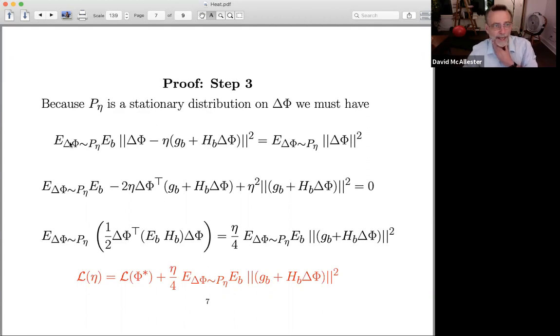Okay, so this is saying the average size of the vector after an update has to equal the average size of the vector before the update. Now I'm going to take the size of the vector after the update and expand it into the norm of phi squared minus twice this inner product plus the norm of this vector squared.